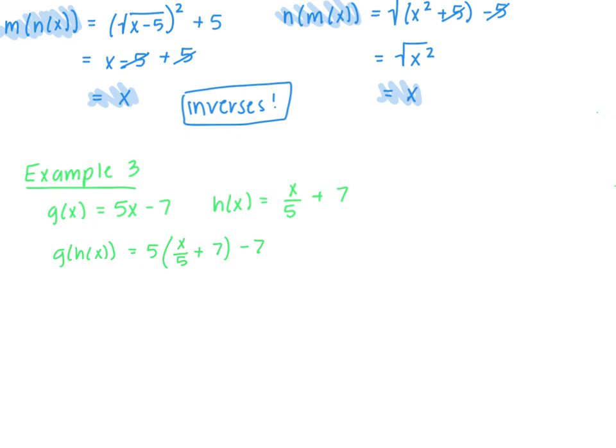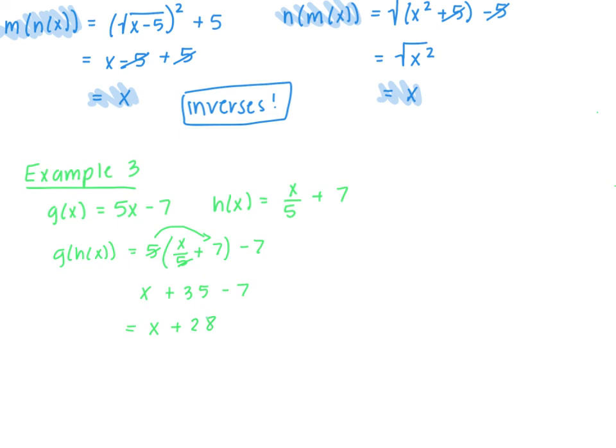We need to distribute the 5 here. In the first term, those 5s will actually cancel out, leaving us with x. And then when we distribute the 5 to the 7, that's going to leave us with a positive 35. So simplifying, we are left with x plus 28, which is not equal to x.